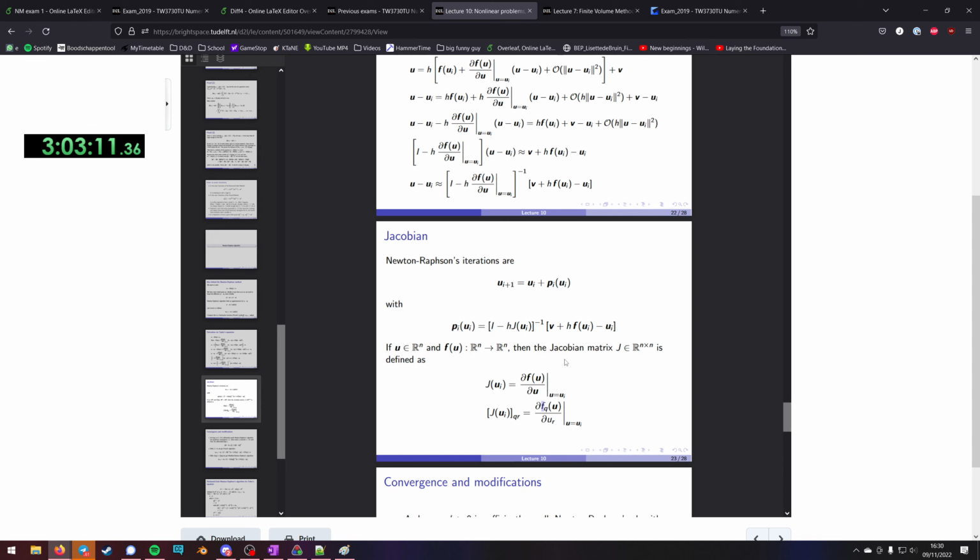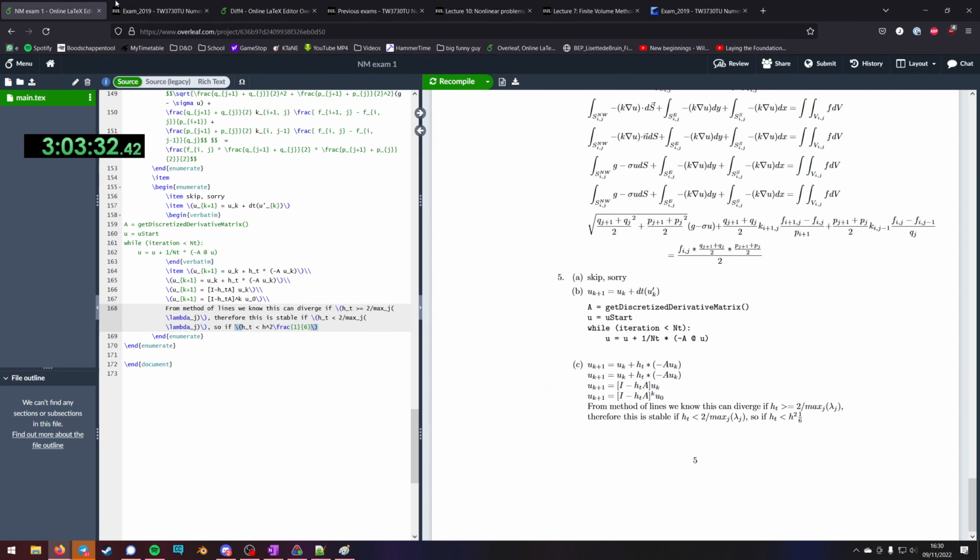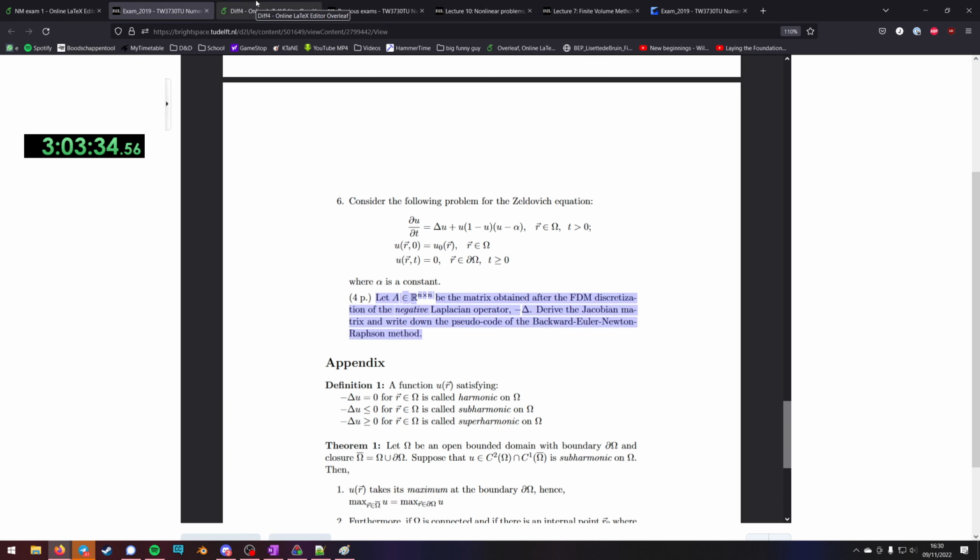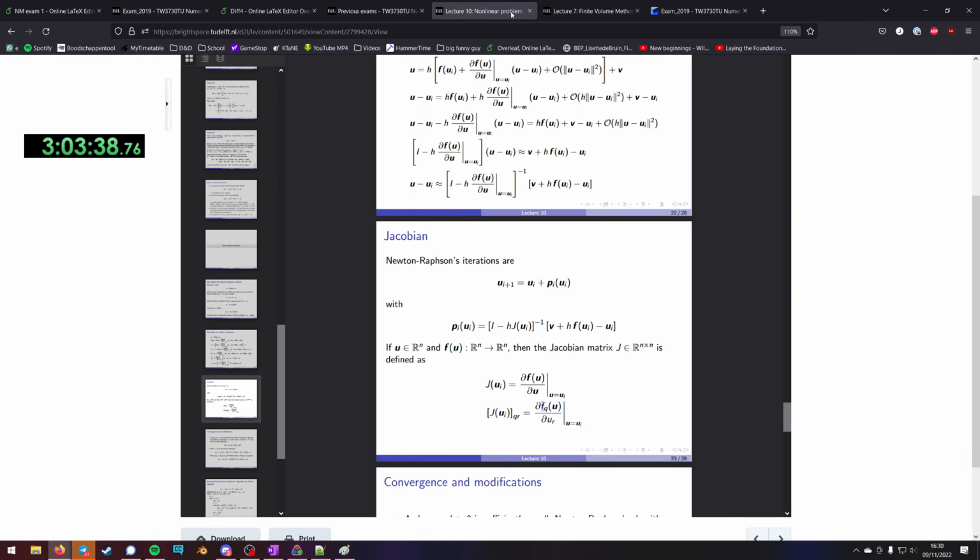So that's why it's a 2D matrix, because the function has j inputs and u has i elements. So you would derive the Jacobian matrix just by literally copying this one to one.